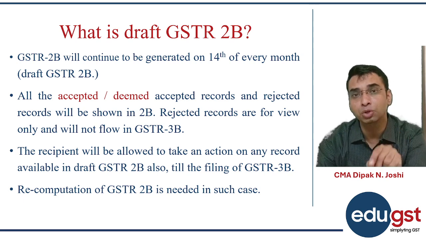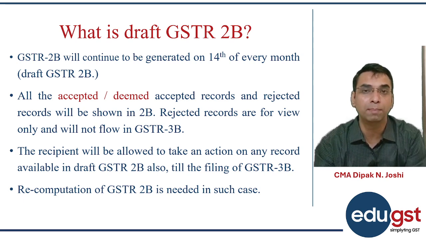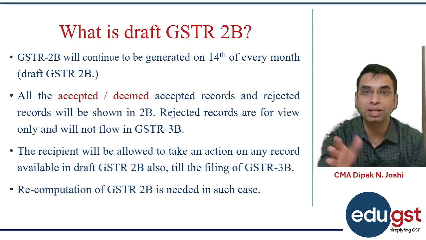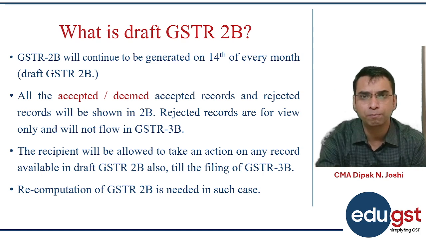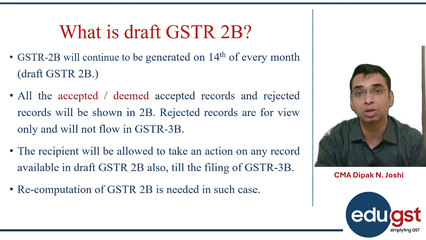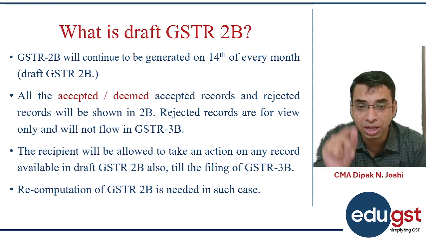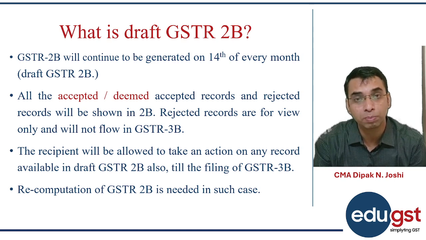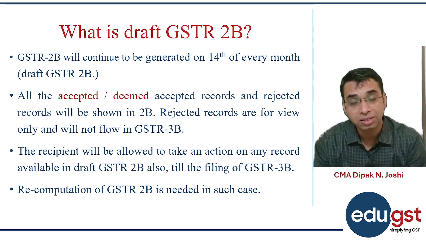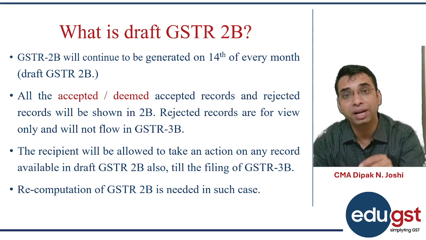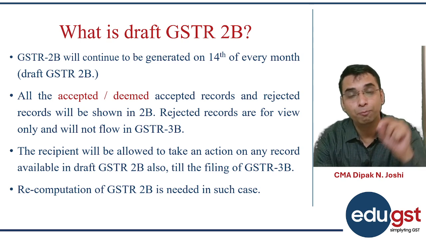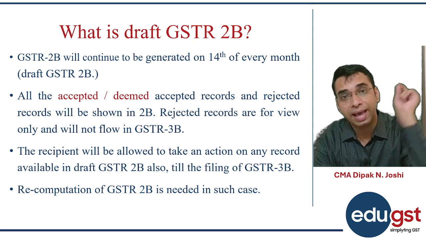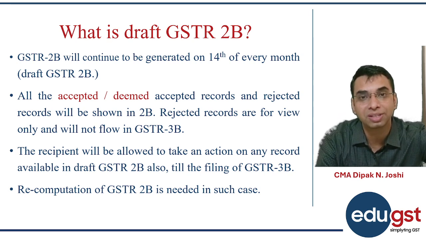And this is something new which we should remember, because earlier the concept was that if on 14th your GSTR 2B is frozen, you cannot make changes in your GSTR 2B. But because of this recomputation facility, you can recompute your GSTR 2B, and in that case both accepted and rejected records will flow to your GSTR 2B, and only accepted records will flow to your GSTR 3B.